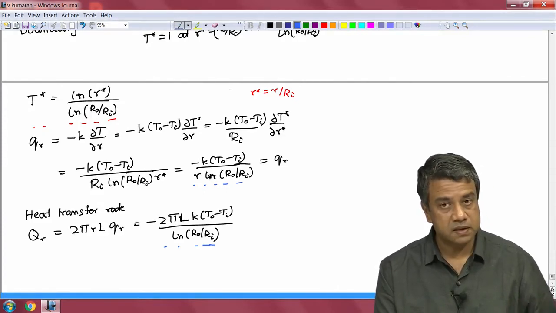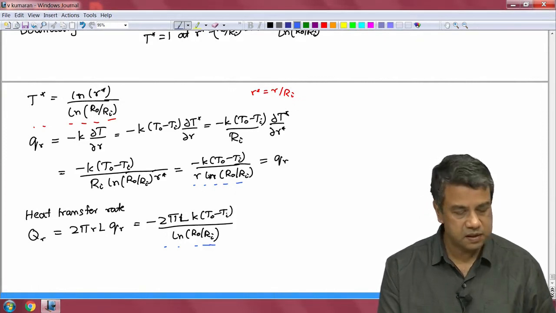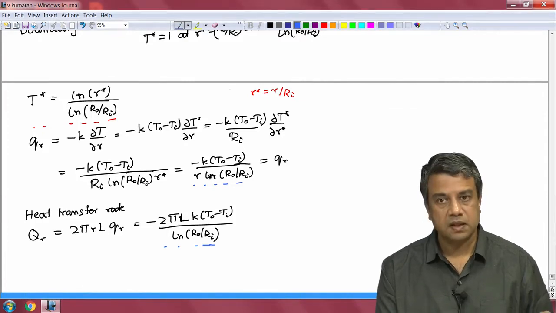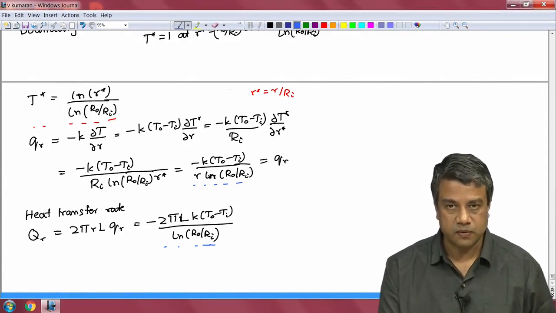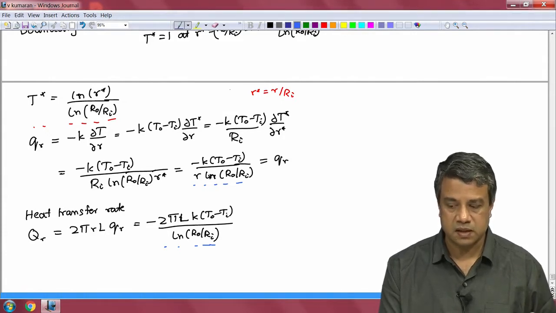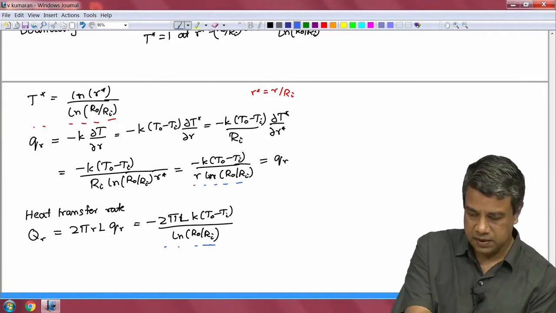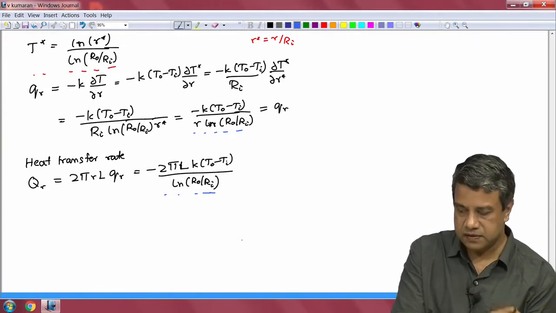The flux is not independent of position because the surface area is changing. The product of the flux and the surface area has to be independent of position. The flux is proportional to 1 over r, and the surface area is proportional to r, in such a way that the heat transfer rate is the same. So this gives you the heat transfer rate.